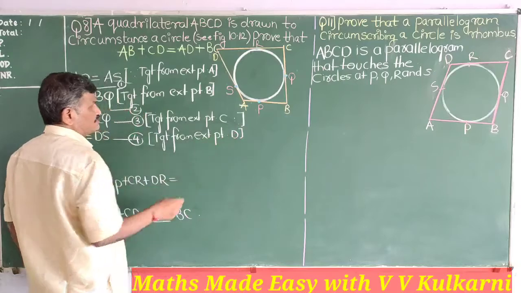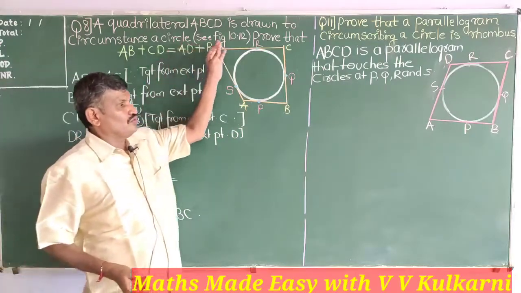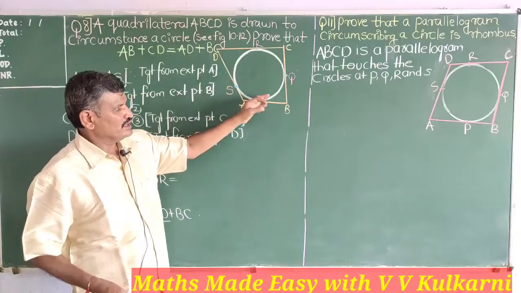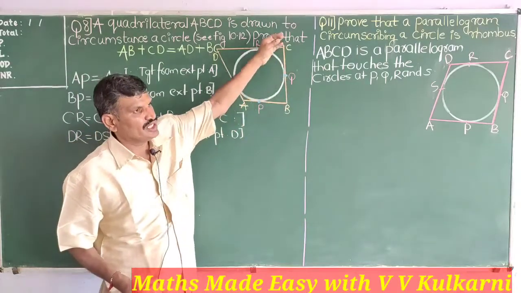So actually there are four points outside the circle, and every time you draw the tangent, you have to name the point from where it has been drawn.